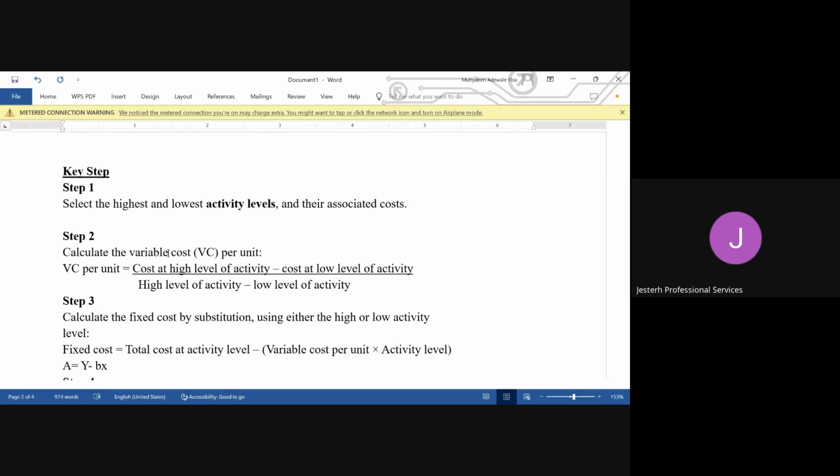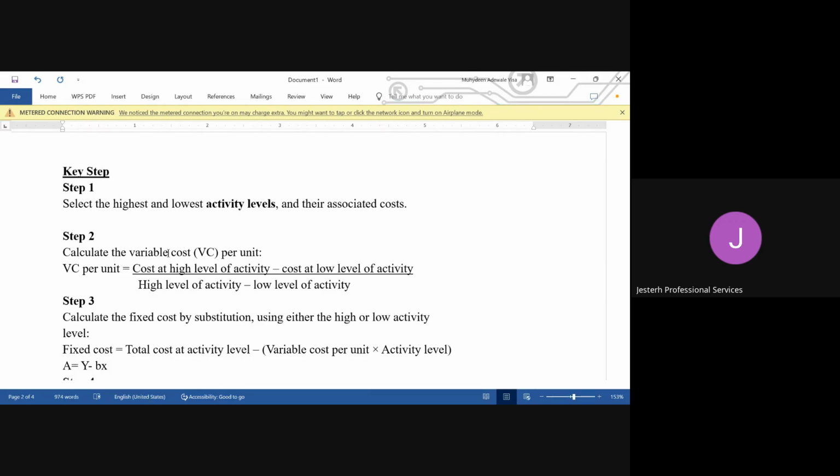We need to know, if they give us more than 2 different levels of activities with the associated costs, which one is the highest level of activities and which one is the lowest level of activities, because that is what we are concerned about.